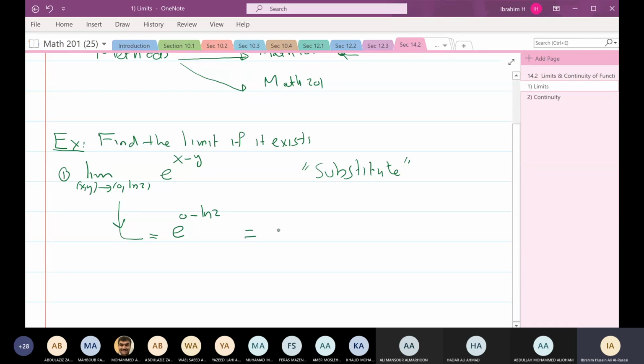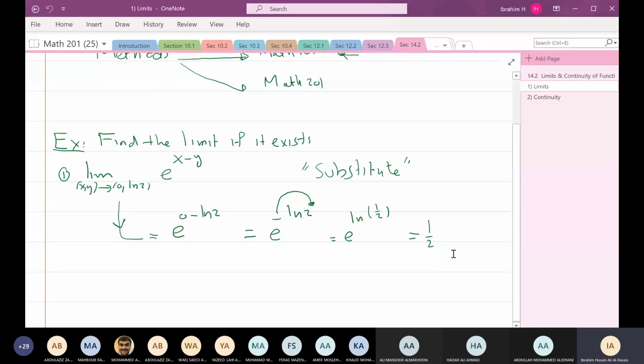Simplify: this is e to the power minus ln 2, and by properties of ln, you bring the negative as the power of the 2. It becomes 2 to the power minus 1, and this is half. So you substitute and see what you get. Here we get a value, a real number. Then the value of the limit is half.